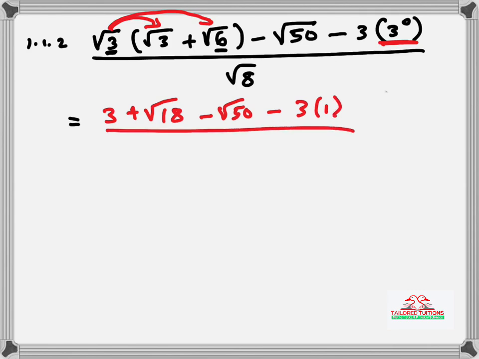Then in your denominator, you have a square root of 8. Then the next step after that, grade 11, remember you want to simplify this without using a calculator. Now we have a square root of 18, square root of 18 and square root of 50 and square root of 8.